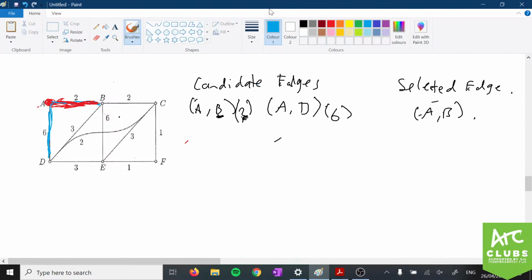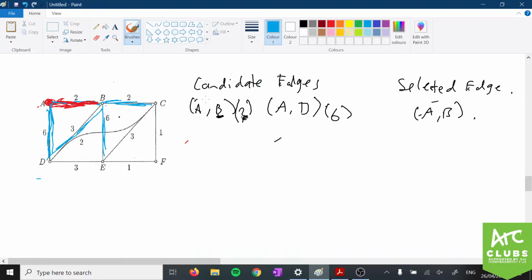Okay, so next up, we get the next candidate edges. The candidate edges this time are AD, and then BD, BE, and BC. It's just adding an edge that would extend this spanning tree by 1.